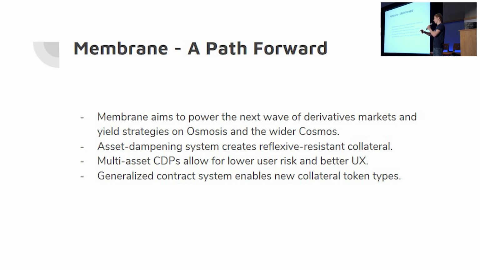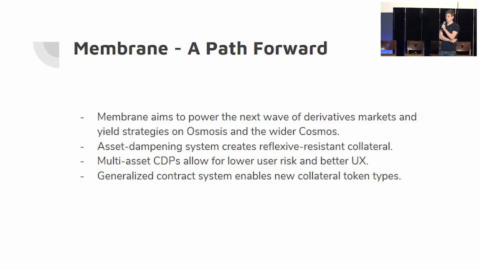And what that does is it increases the robustness for you. So let's say your portfolio is 50% USDC, 50% ETH. If ETH drops by half, your portfolio is only dropped by a quarter, right?